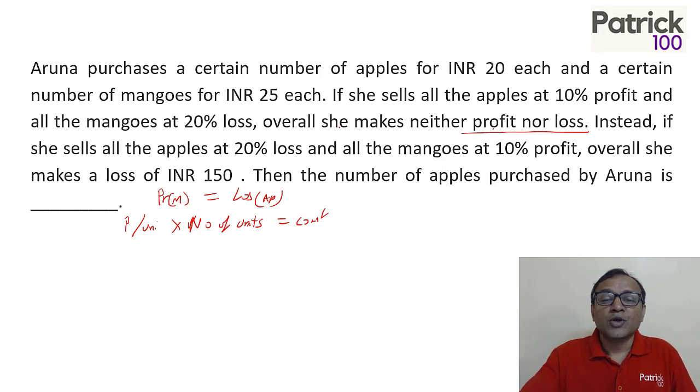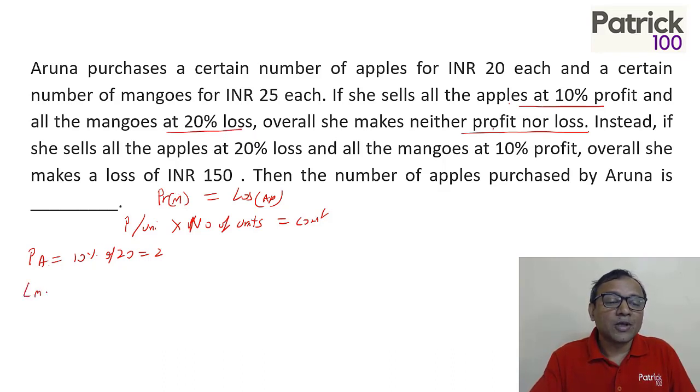So what is the profit of one apple? It is 10% of 20, which is 2 rupees. And what is the loss of one mango? It is 20% of 25, which is 5 rupees.